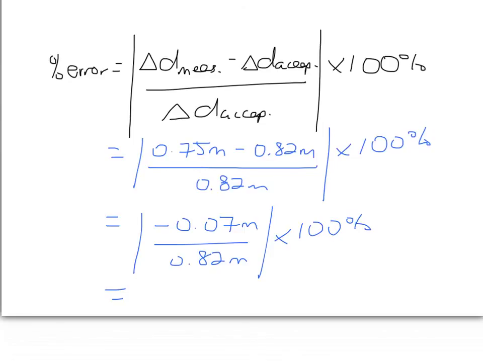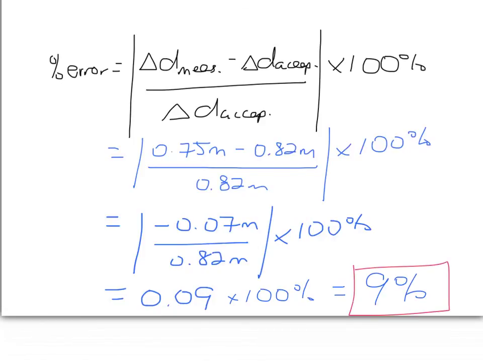And if I work this all out, 0.07 divided by 0.82, I end up with the answer of 0.09, and I leave it as a positive value because what this absolute value sign does is it says, we don't care about what that sign is going to be, whether it's positive or negative. We only care about the magnitude, which in this case is just 0.09. Take that multiplied by 100%, and that gives you a final percentage error of 9%. Okay, and that's how you would go about calculating your percentage error.